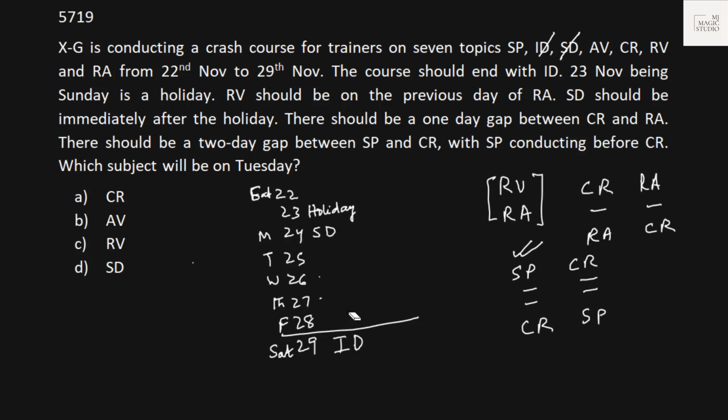So after CR is RA and before RV. So we can have RV, RA. 1, 2, 3, 4, 5, 6. Okay. So RA, RV, CR. It cannot be fitted here. It should go above. RA, RV, CR, 2 gap, and then here we have SP.